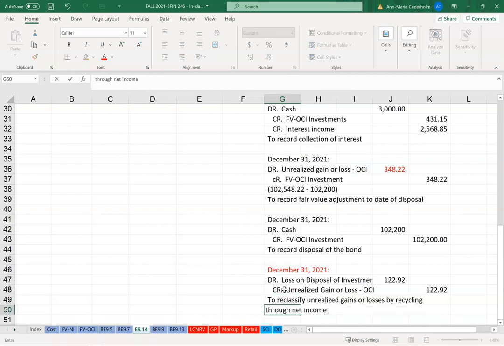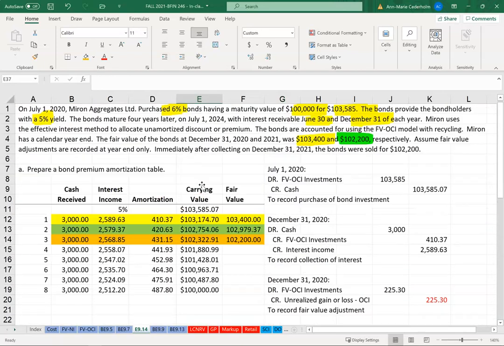So let's just double check that the question asked us to do that. Okay, so the question doesn't specifically tell us to recycle through net income, so there's actually 2 ways we can do this. Oh, it does say it. I should learn to read. I'm going to highlight it here.